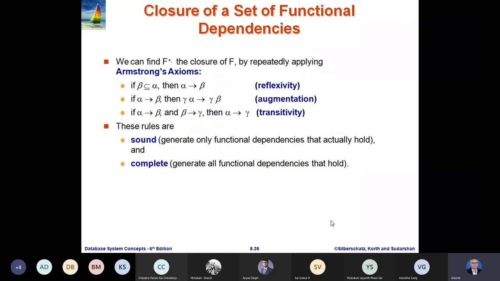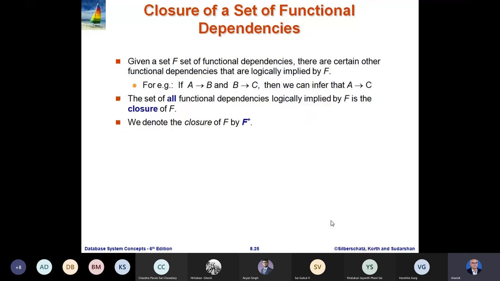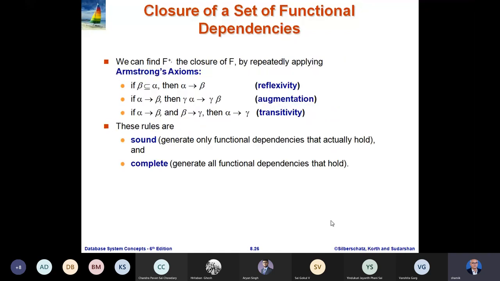Okay. Second is that if alpha functionally determines beta, then if we augment alpha, the set of columns in alpha, with another set of columns gamma, then this union of the columns in alpha and gamma, which is gamma alpha, will functionally determine gamma beta, which is called augmentation. And finally, as we mentioned already, if alpha functionally determines beta and beta functionally determines gamma, then alpha functionally determines gamma, and this is what is called transitivity.